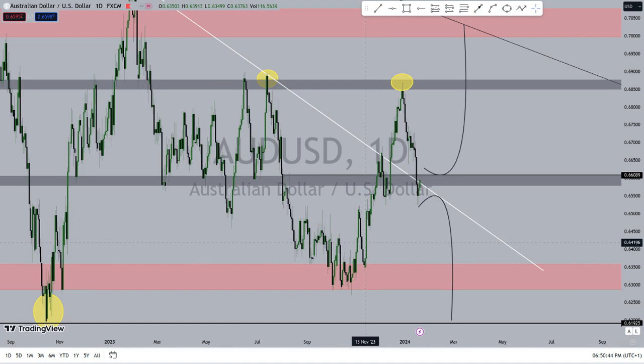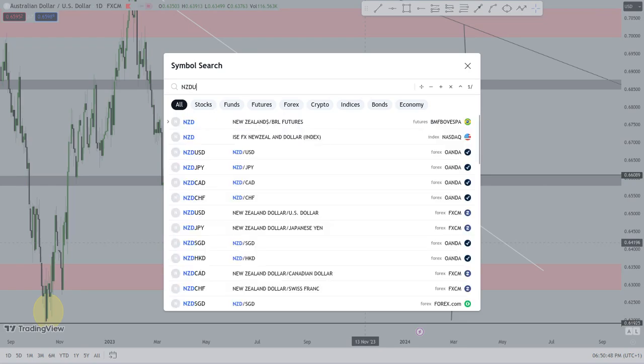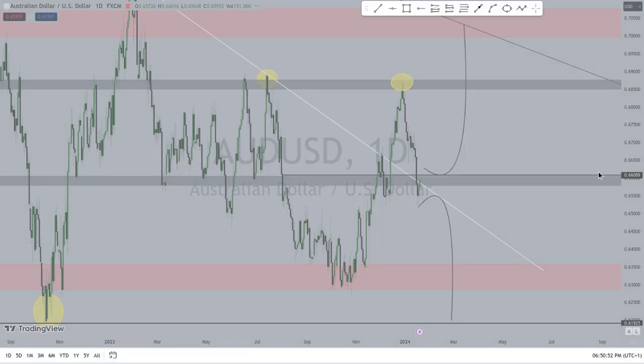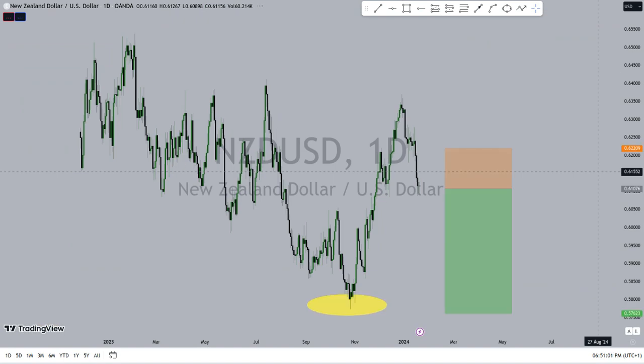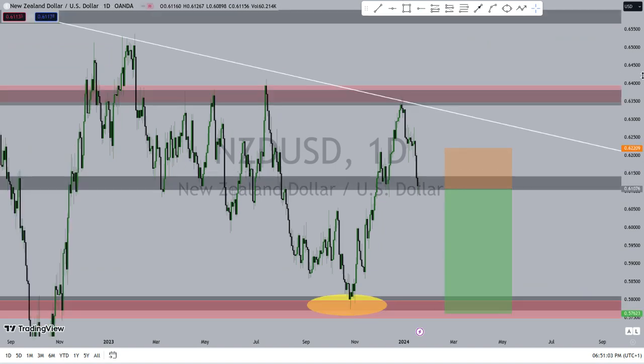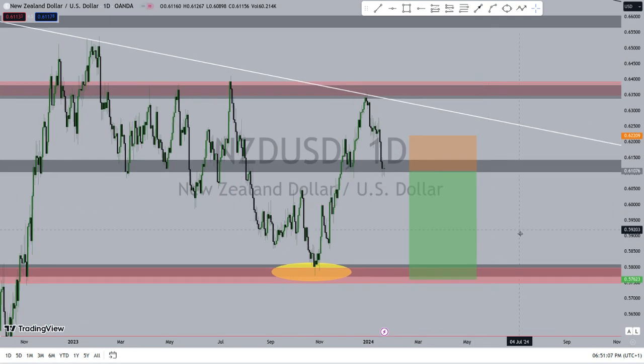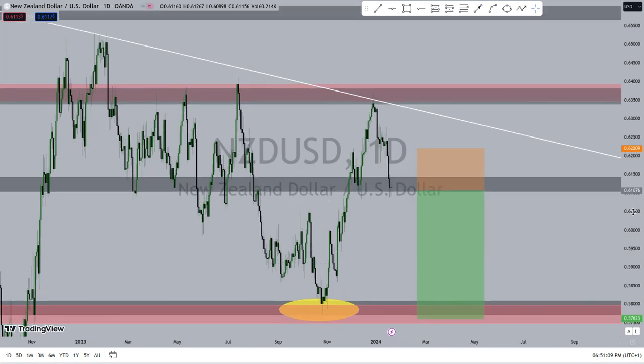On the next few analysis, on NZD USD, the New Zealand dollar against the US dollar. One thing I would like to discuss is about price playing around regions, key levels or key regions.